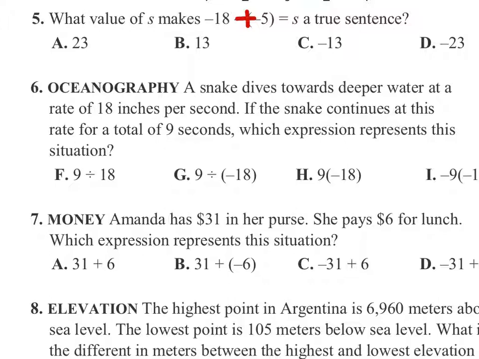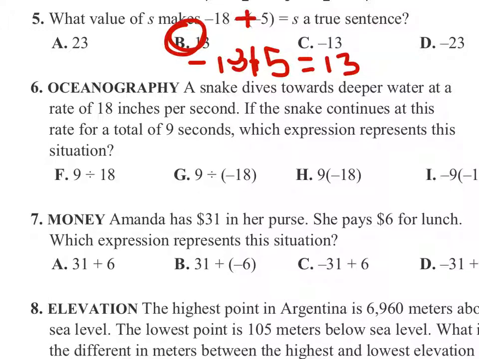And then -18 plus 5 would be -13, and then that's the answer. All right. Thank you.